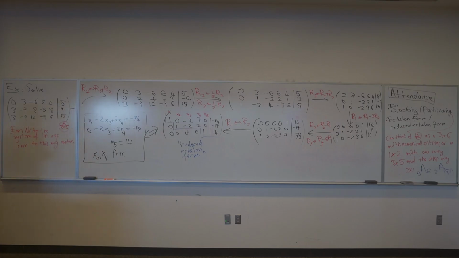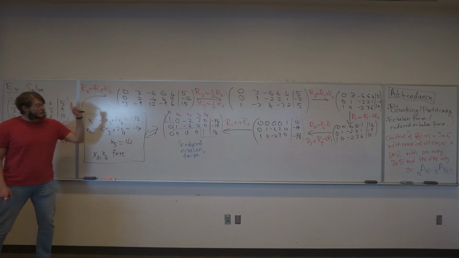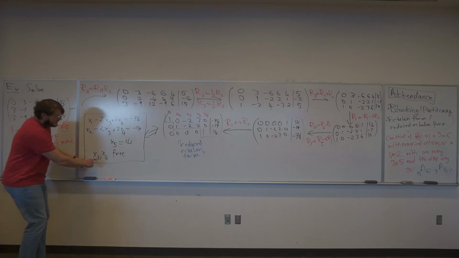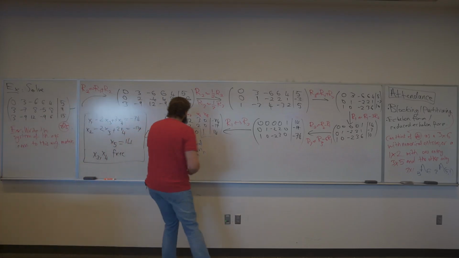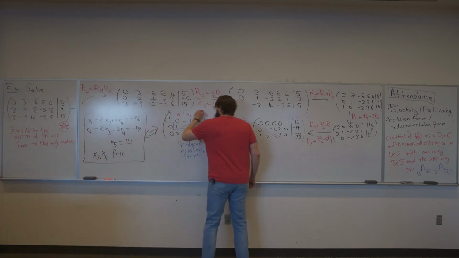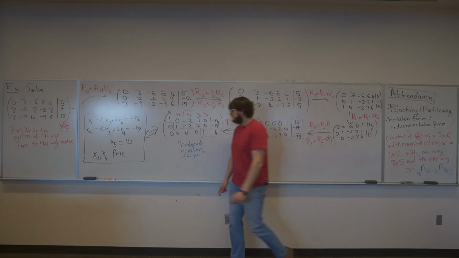That is what's called the rank. And the number of free variables is always going to be the number of variables minus the rank. So somehow these two being free correspond to the fact that in your echelon form, these are not pivots.